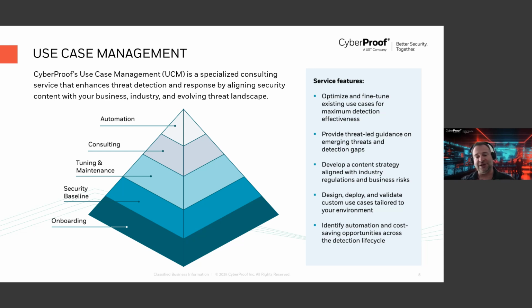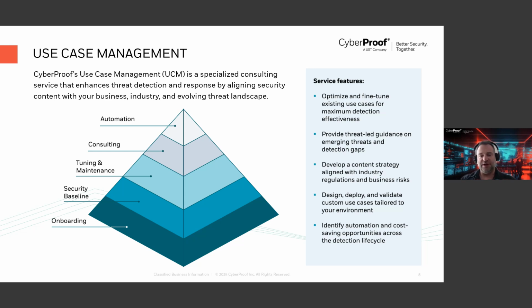And finally, automation at the top of this maturity model or pyramid will help you unlock efficiency and scale through automation, identifying opportunities to streamline response and reduce manual effort. And on the right hand side, you can see some of the key service features that bring this pyramid to life.